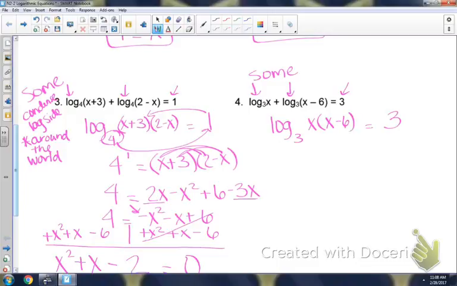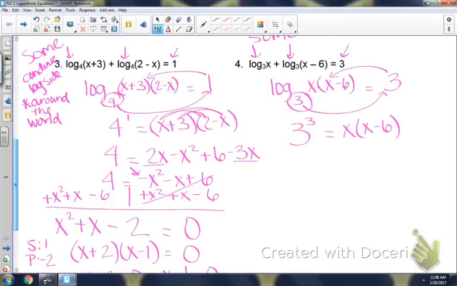Once I've condensed the log side, then we're using around the world to get rid of that log term. 3 cubed equals x times x minus 6. You could go ahead and distribute that if you wanted. So 3 cubed is not 3 times 3, it's 3 times 3 times 3, so that's 27 equals x squared when I distribute minus 6x.